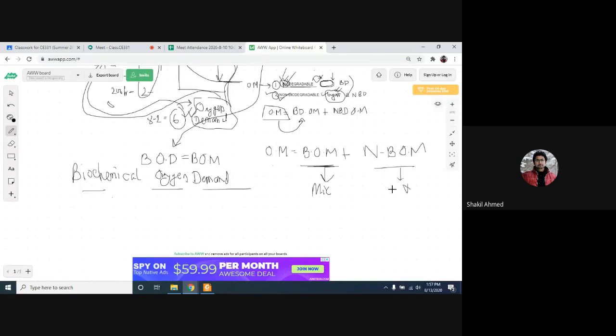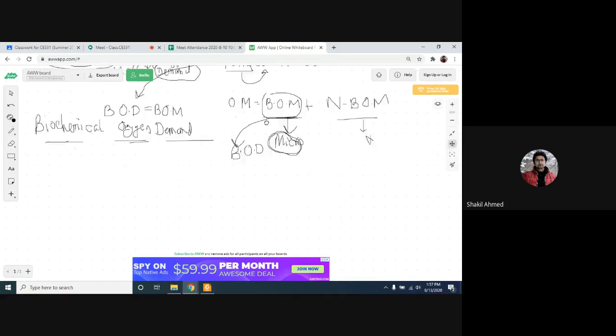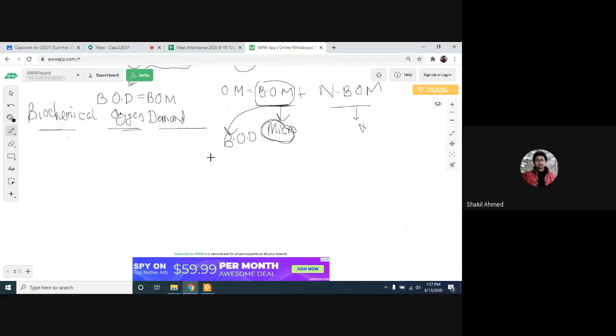Whatever is degradable by microorganisms, we call it biodegradable organic matter. And we measure it with biochemical oxygen demand, BOD. Don't get confused with the name.